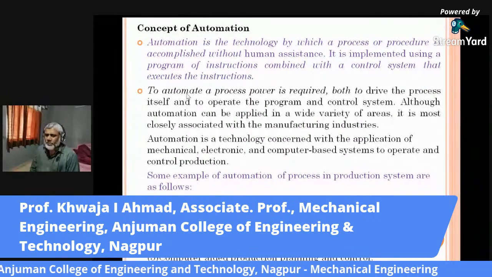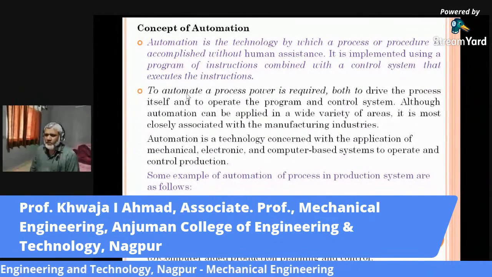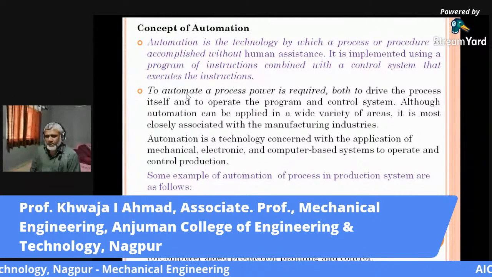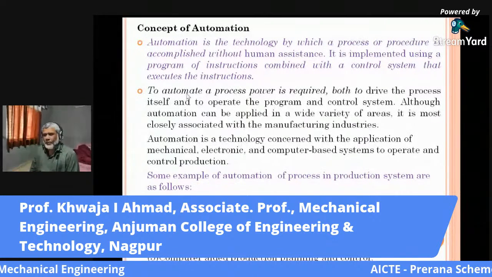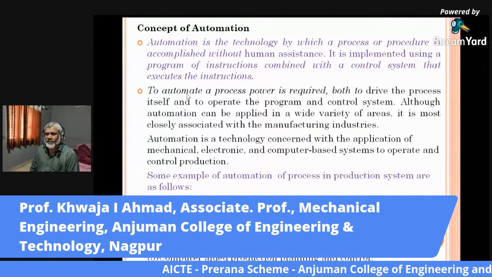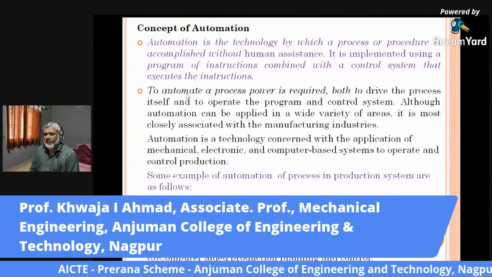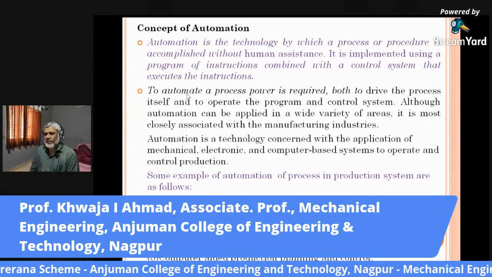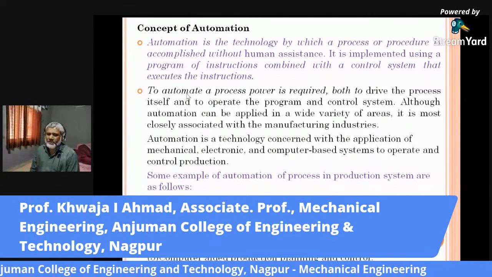To automate a process, power is required. Why? To drive the process itself, and second, to operate the program and control system. Although automation can be applied in a wide variety of areas, it is mostly associated with manufacturing industries.